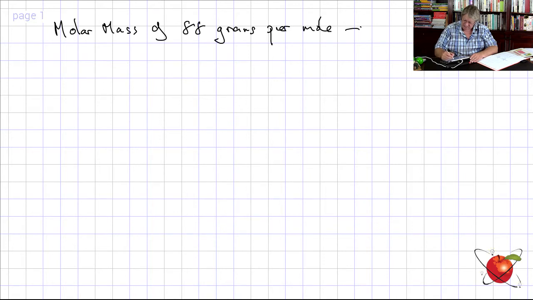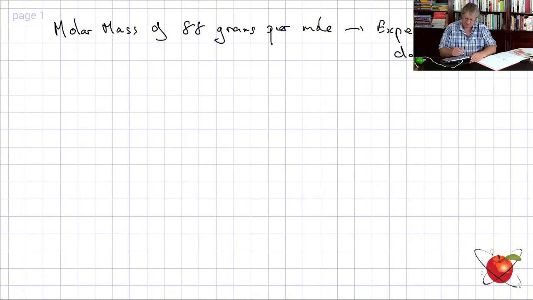This is experimental. We do an experiment and we find that 1 mole of this stuff, whatever it is, has a molar mass, molecular mass, of 88 grams per mole.